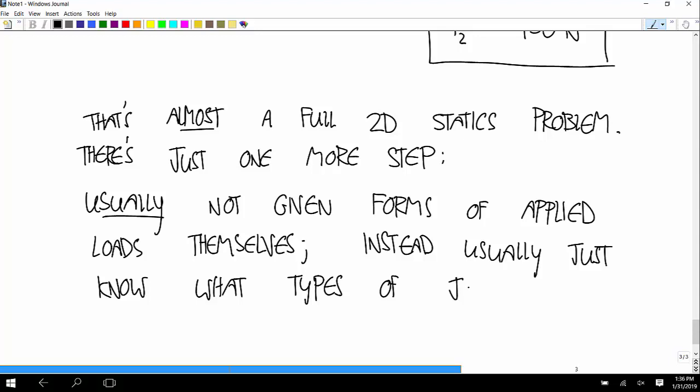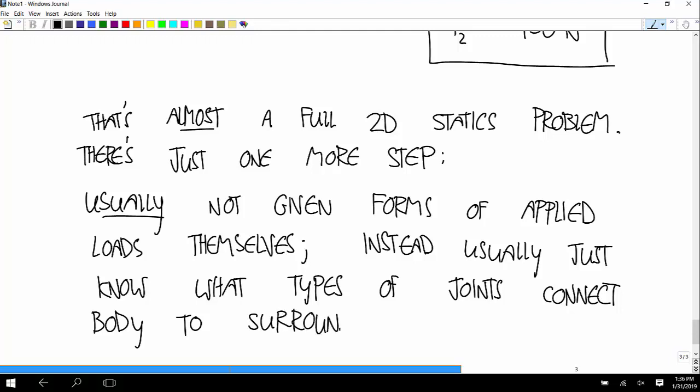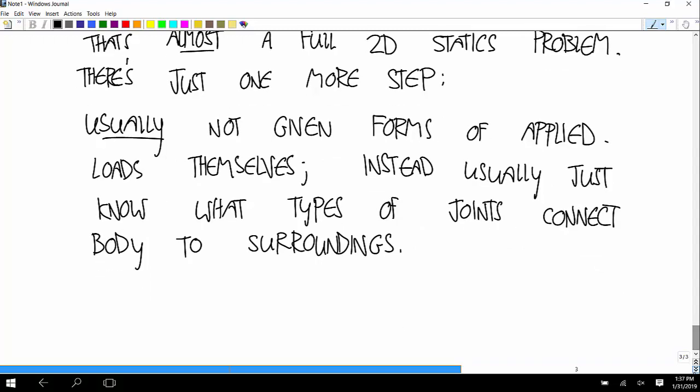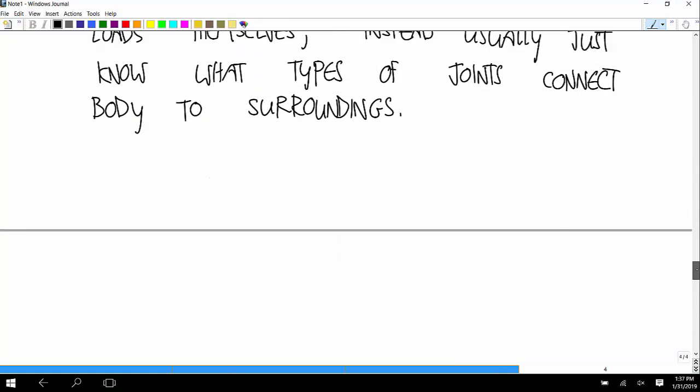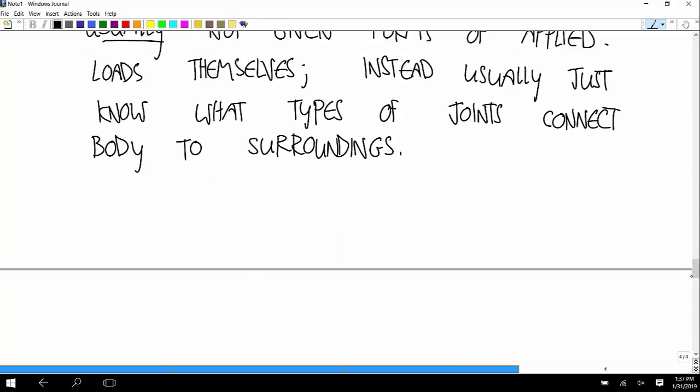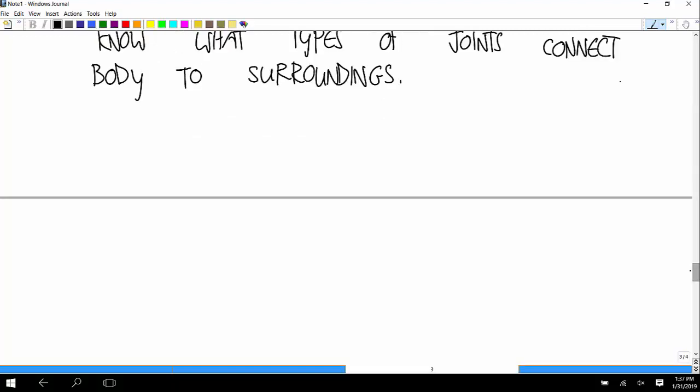So what types of joints connect the body to its surroundings? Okay, so let me draw this problem again the way we would see it in a full statics problem.